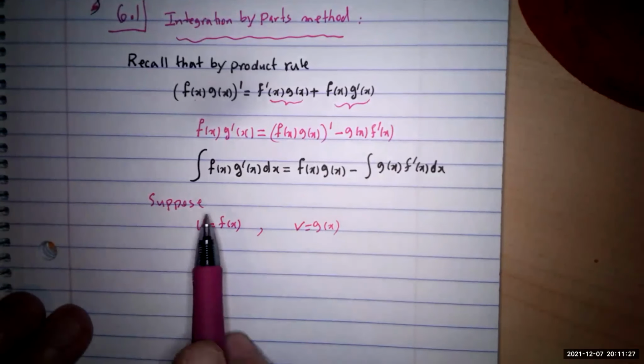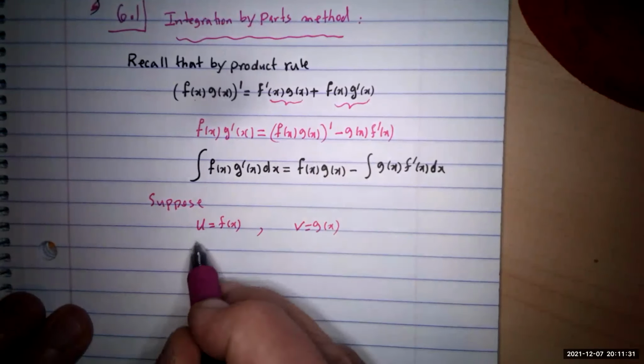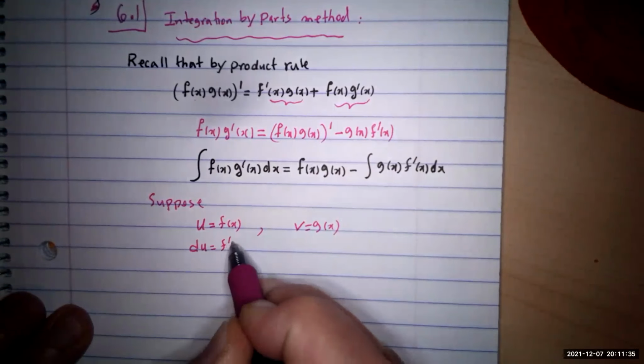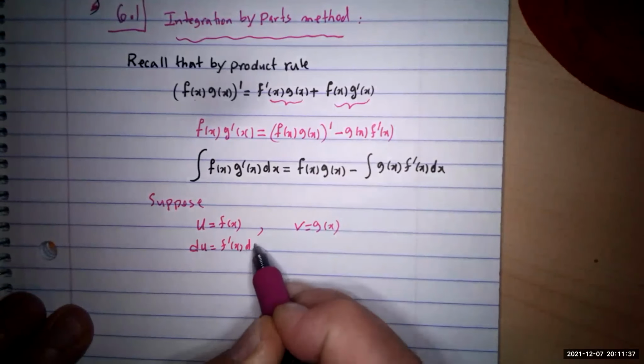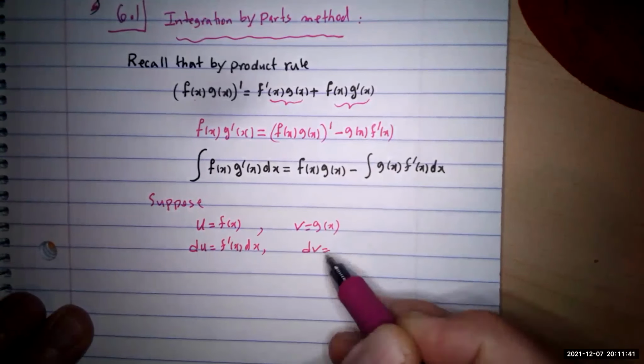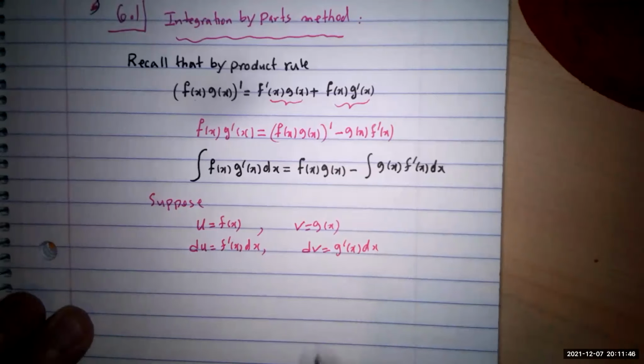Now, like the substitution method, du, the differential of u, would be f prime of x times dx. dv, the differential of v, would be g prime of x times dx.